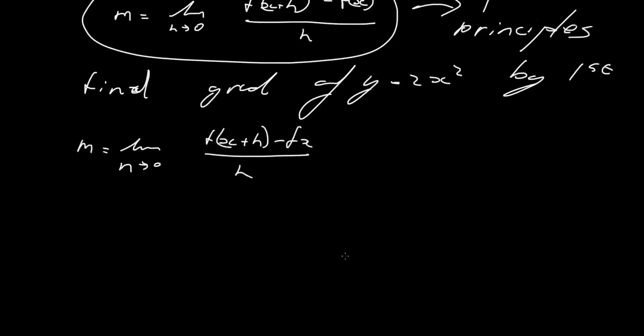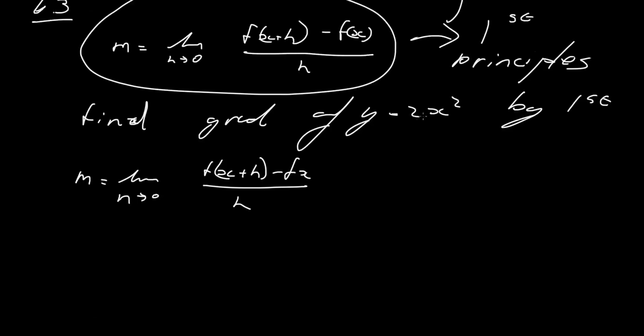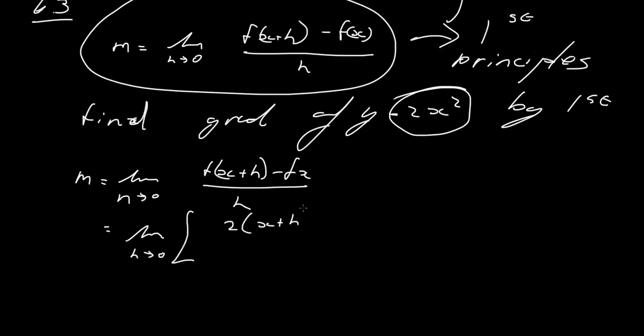Right. So now we substitute in. So f of x is 2x squared. f of x plus h is 2x plus h squared. So let's start substituting. So it's the limit as h tends to 0 of 2x plus h squared minus 2x squared over h.